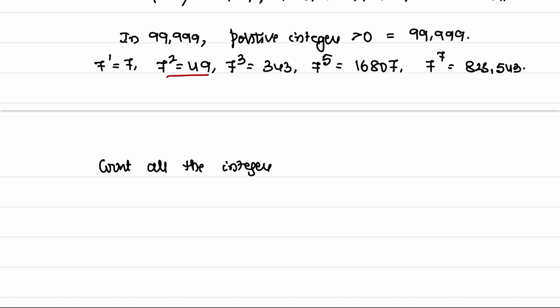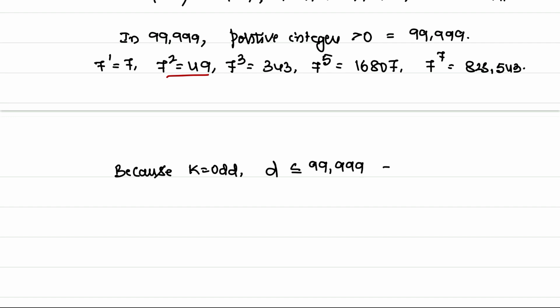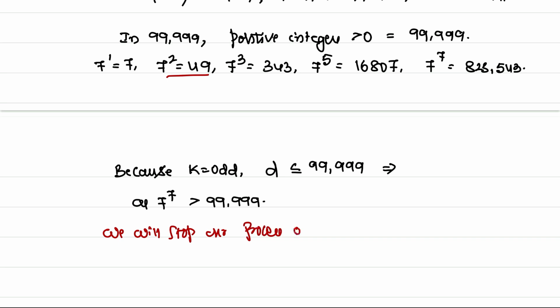That means, because k is equal to odd and d is less than or equal to 99,999, it implies that as 7 to the power of 7 is greater than 99,999, we will stop our iterations, our process of counting, when k is equal to 5.